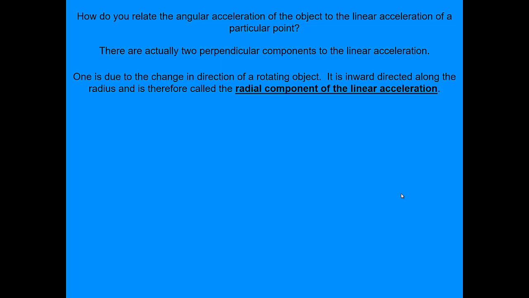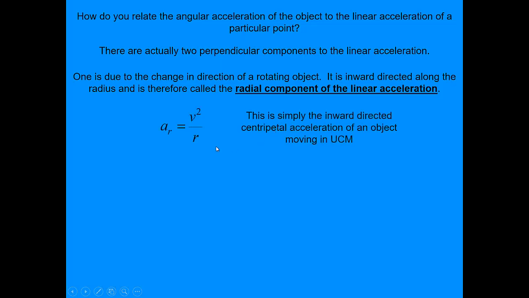Well, a point on a rigid object rotating about a fixed axis will have an inward directed acceleration as it rotates, as it changes direction. We now call that the radial component of the linear acceleration, because it acts inward, along the radius.